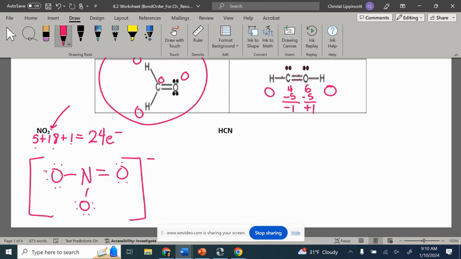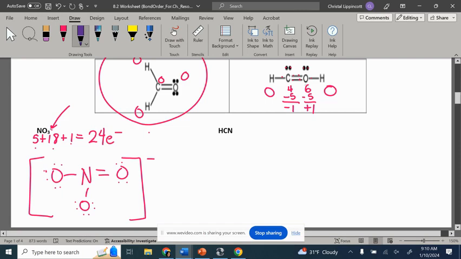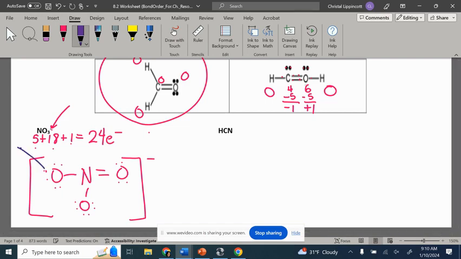Now, when we calculate our formal charge for this, the oxygens, we're going to have different values for these oxygens versus this oxygen. Okay, so let's look at the formal charge here for our oxygens. Let's do purple. For this oxygen here and this oxygen here, their formal charges are going to be the same, right?